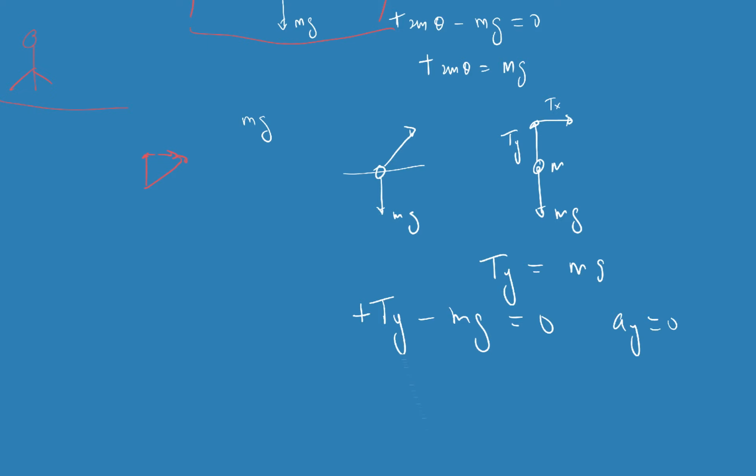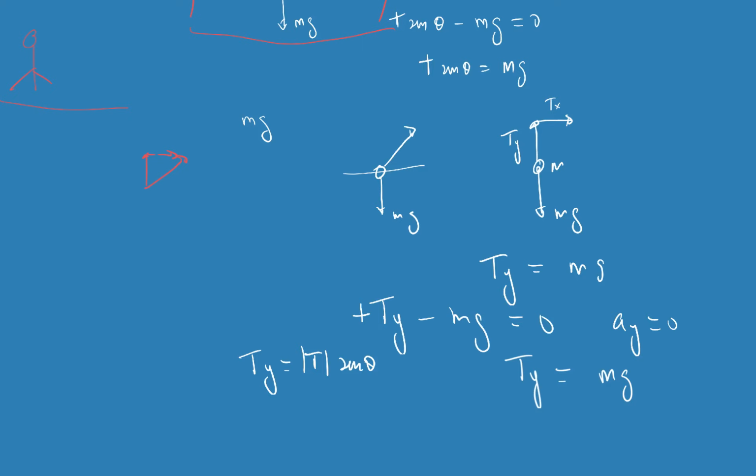Okay, so the component Ty, if you see in the picture, is the magnitude of T by the sine of theta. So Ty is mg. But what happened with Tx?